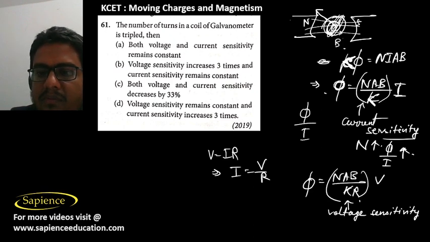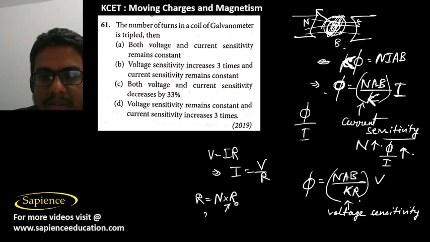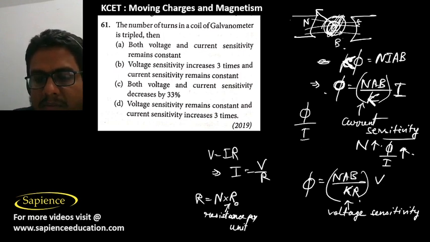Now R is proportional to the length. So R, I can say, is the number of turns into the resistance per unit turn, suppose R naught. R naught is the resistance per unit turn in the wire. If we replace this with R, then N and N will get cancelled.